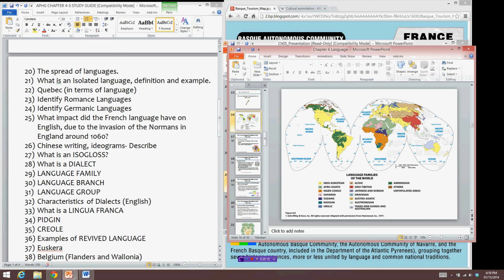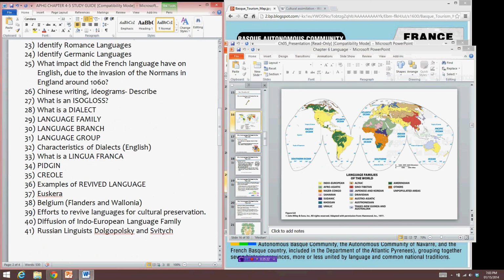Let's talk about that for a sec. I basically want you to know some of the differences between the dialect of American English and the English of the UK. Those differences include different pronunciation of words, different spelling of words, and different vocabulary for some objects.